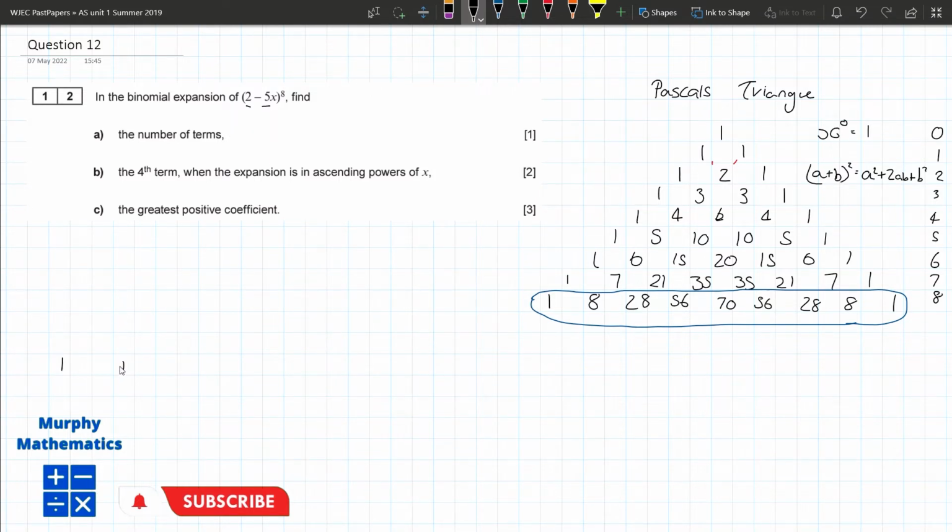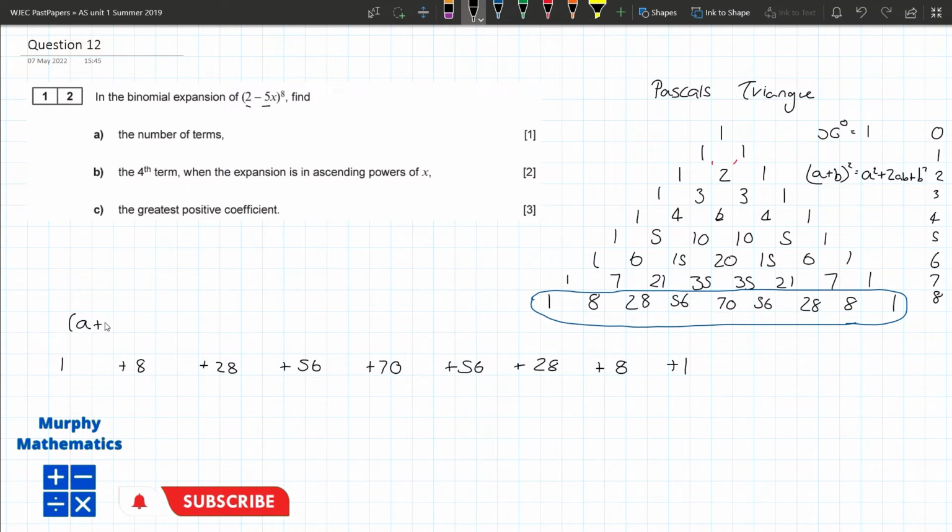We're going to have 1 plus 8 plus 28 plus 56 plus 70 plus 56 plus 28 plus 8 plus 1.